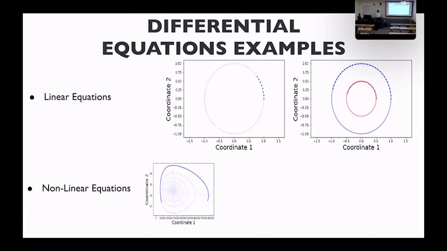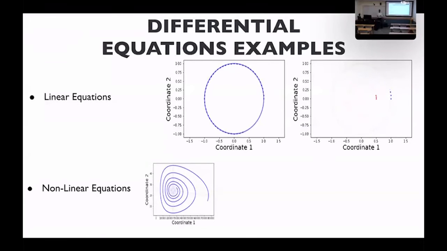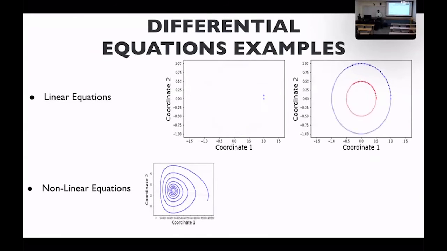What you're seeing here in their example is that coordinate 1 is the fish, and coordinate 2 is the food level consumption. If there's no food, then the fish won't survive. If there's no fish, then the water is going to go back.